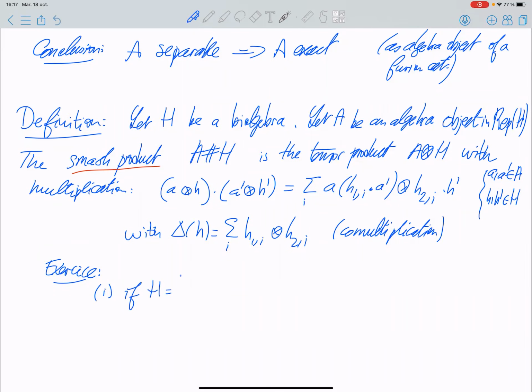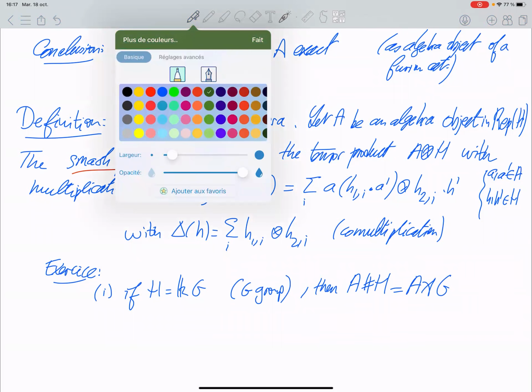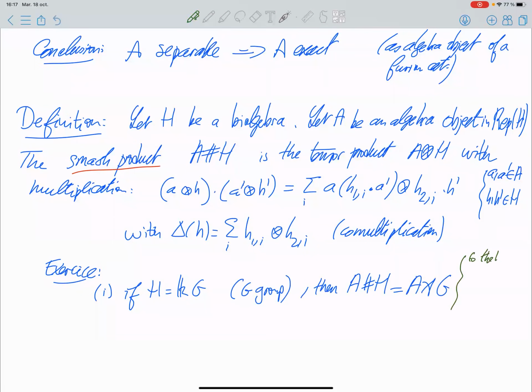So if H is just the trivial bialgebra coming from a group, A smash H is just the semi-direct product, so the notion of smash product generalizes the notion of semi-direct product in group theory.